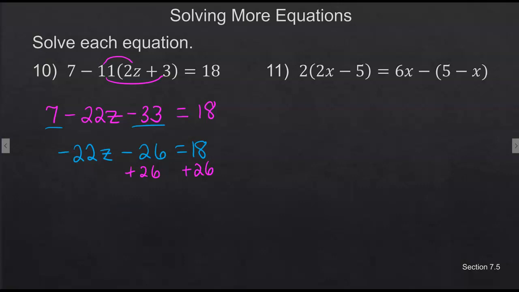So negative 22z equals, when we add those together, we get 44. And then divide by negative 22, because that's negative 22 times z, and z is negative 2.